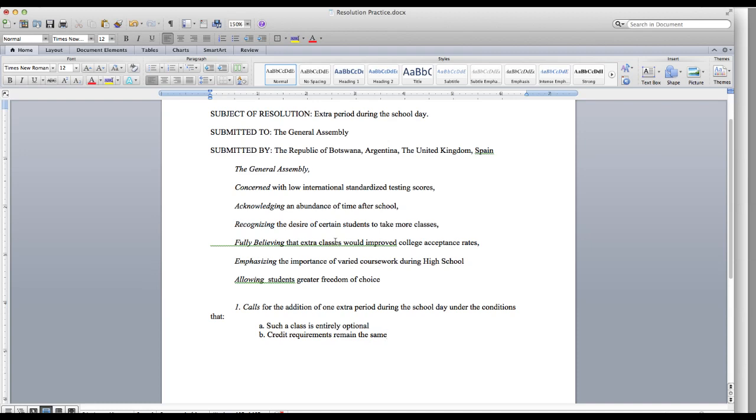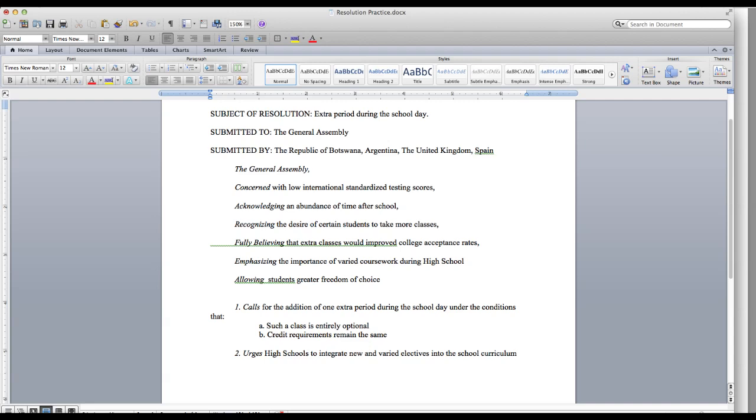Okay, now the most important part of this is you don't only need 1 suggestion. And so just to demonstrate this, I'm going to think of another suggestion real quick. So let's say urges high schools to integrate new and varied electives into the school curriculum. And now you may be saying, well, how does this relate to 1 extra period?